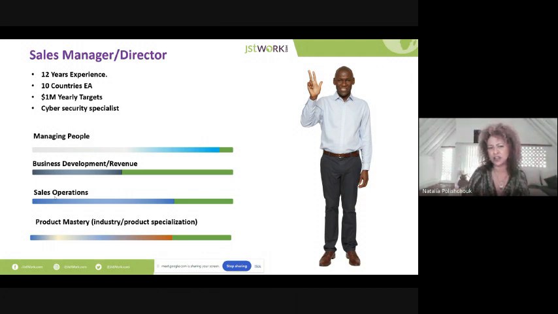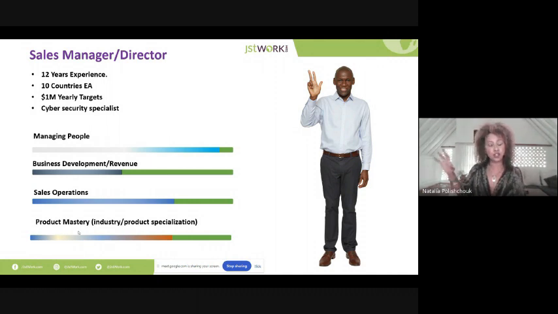Also, almost all salespeople, in my case, industry product specialism, but in sales, you need to have product mastery. If you are going to be telling me, I am a cybersecurity specialist, I would expect you to have deep knowledge of all the different products in cybersecurity. What are the typical threats?